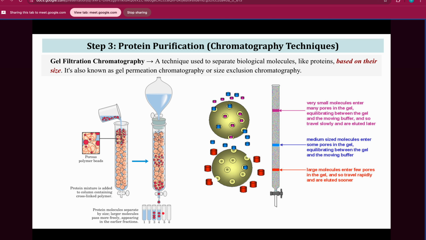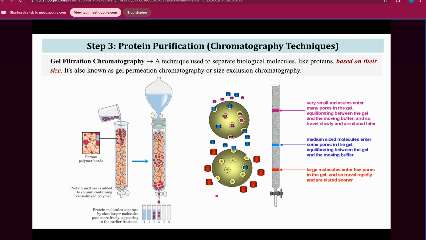In this way, molecules larger in size get eluted first, and smaller molecules elute later. So you can separate or purify proteins on the basis of their sizes. This is one technique.